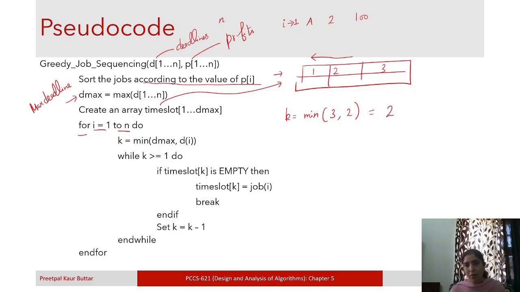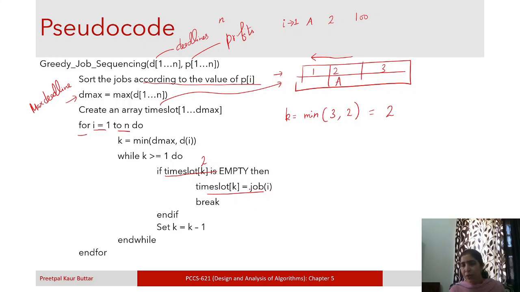Going backwards we will find whether there is a free slot or not. So we are checking the time slots here. First we will check whether time slot 2 is empty or not. If it is empty, then we will assign the job I. So I is 2 here, so we will assign the job I here.